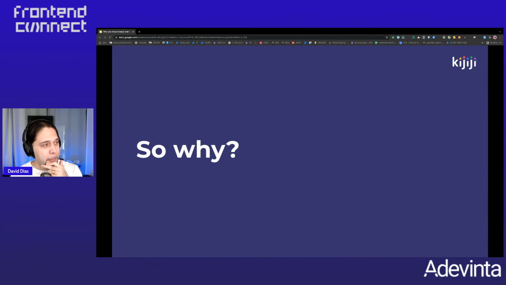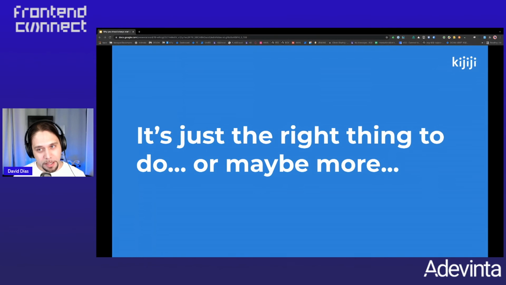So why should we do this? Why is accessibility so important, why should we think about accessibility from the start and not at the end? One quick answer is because it's the right thing to do. Not just, it may be more.